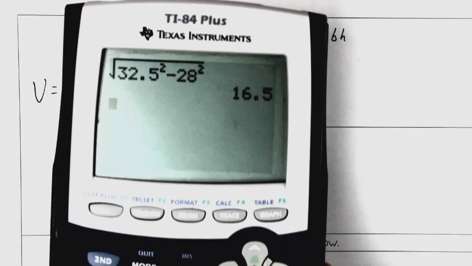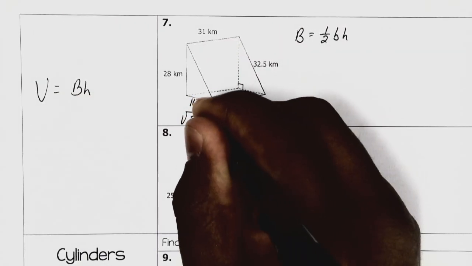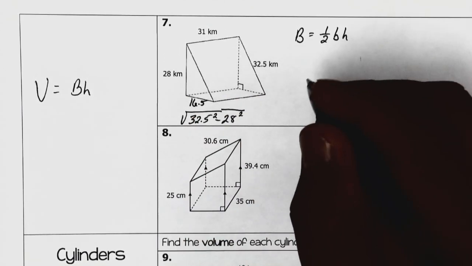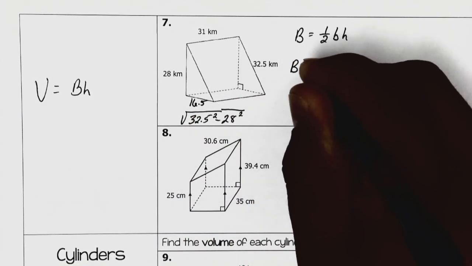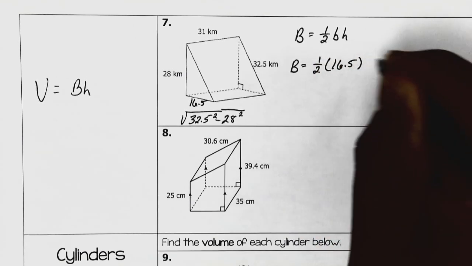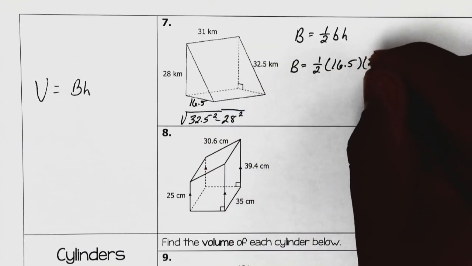There it is. That gives me 16.5. So what that means is that this length right here is 16.5. So that's my base. Okay, so big B equals 1/2 times my base, which is the 16.5 I found doing Pythagorean theorem, and the height of this triangle, which is 28.